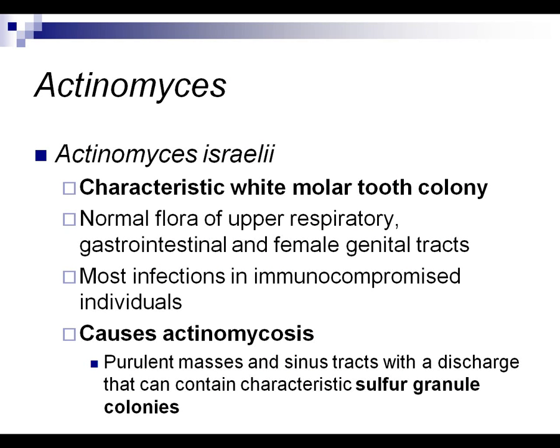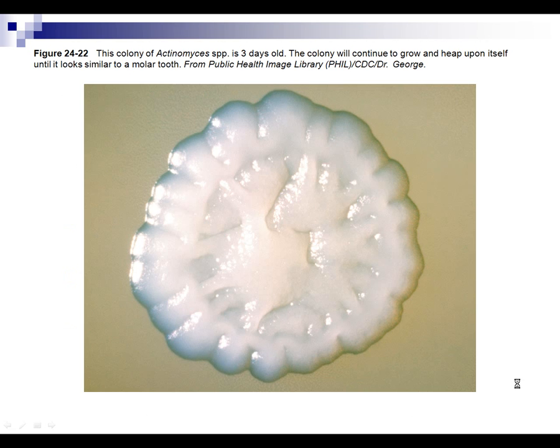So when actinomycosis occurs, we see masses in the sinus tracts with discharge, and we see these characteristic sulfur granule colonies. Okay, so make sure you target those sulfur granules when you're setting up your cultures, because the organisms are inside those sulfur granules.